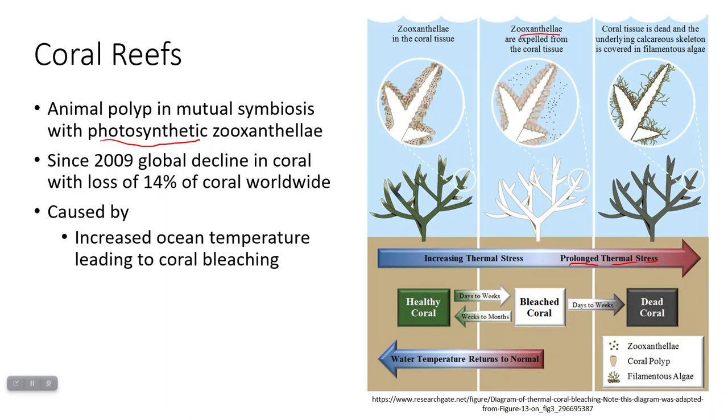That's what's called coral bleaching. Coral bleaching is a sign of very unhealthy coral, and with continuing thermal stress, meaning continuing excess temperatures, the coral dies, and then it just gets covered in algae.